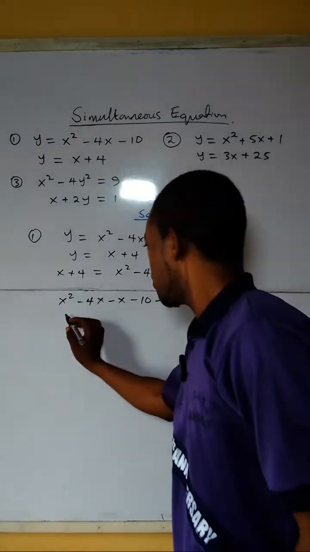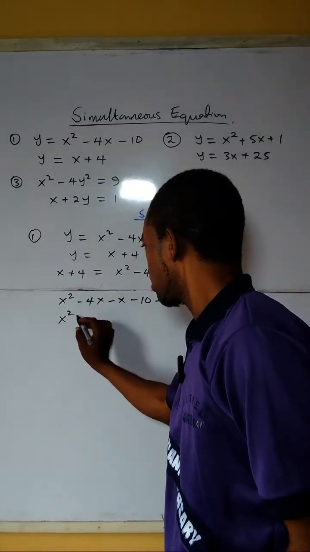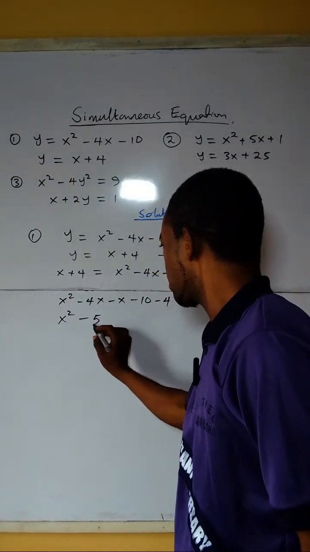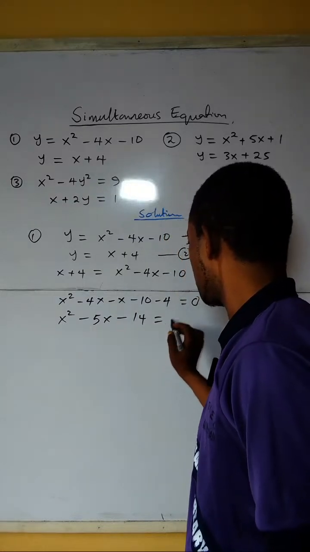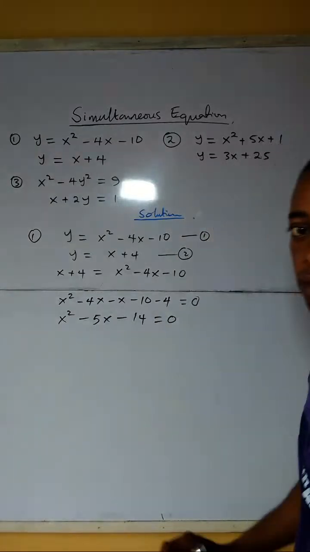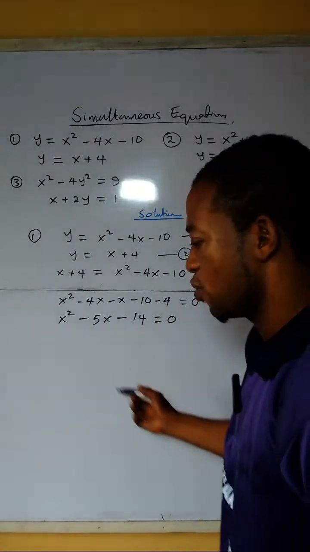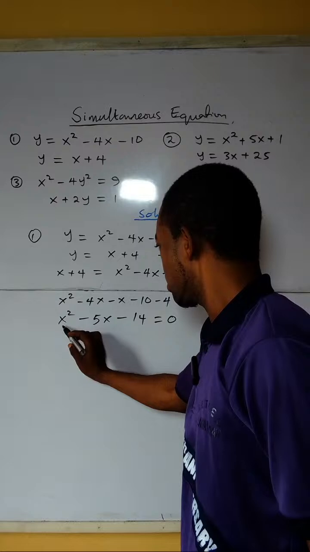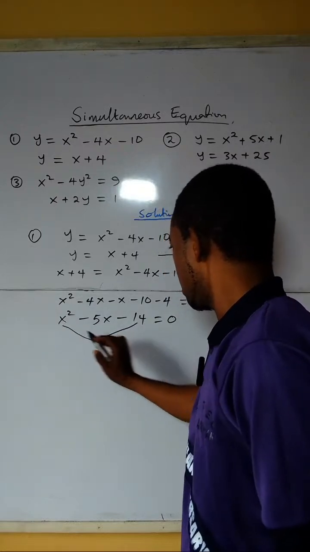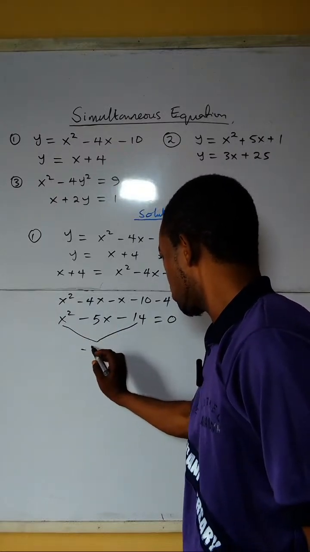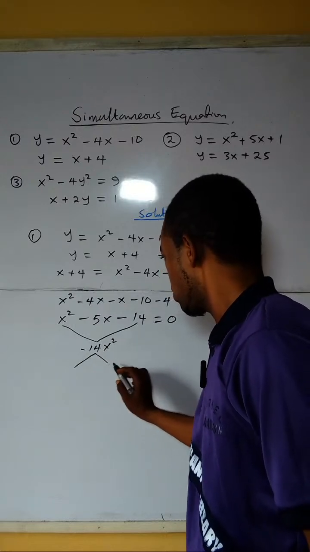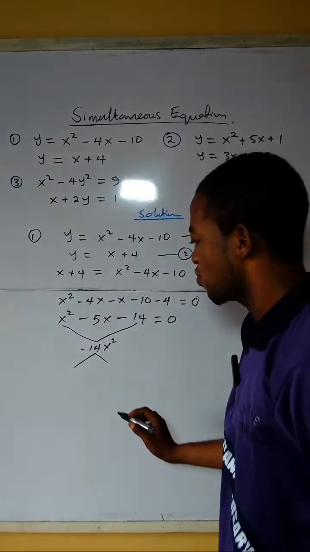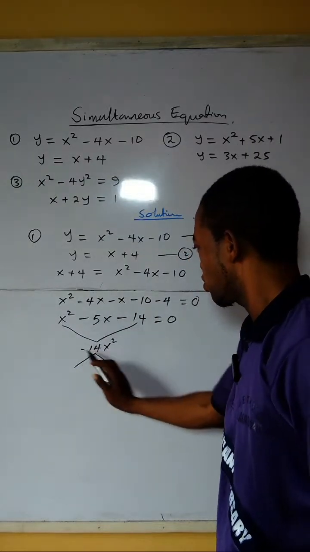Then what we have becomes x squared minus 5x minus 14 equals 0. Then here we can factorize this. x squared times minus 14, that's minus 14x squared. Then break this into two factors such that the factors will sum up to minus 5.